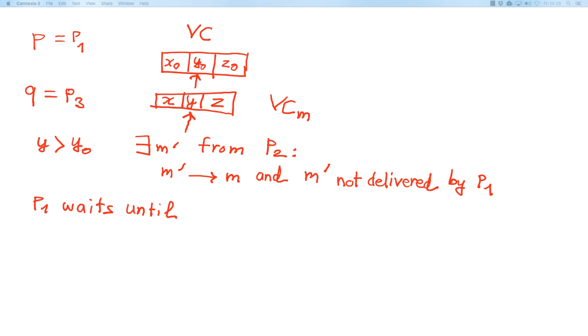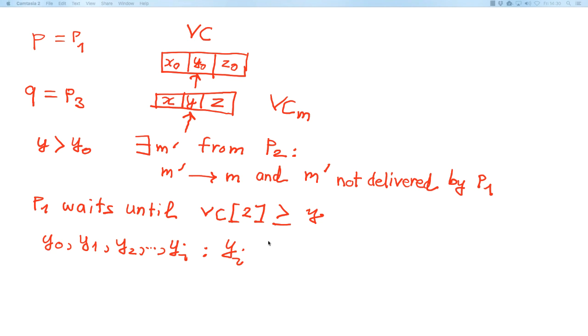And therefore, P1 will wait until the second element in the vector is greater than or equal to y. And that happens because that element will increase until eventually it becomes y_i, and y_i will be greater than or equal to y. At this point, all messages before that message will be delivered, and then m will be delivered.